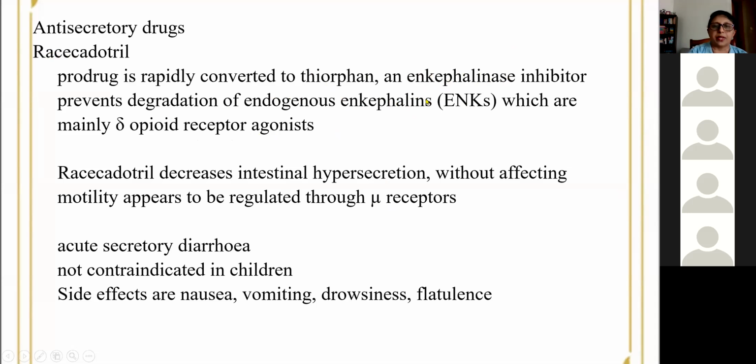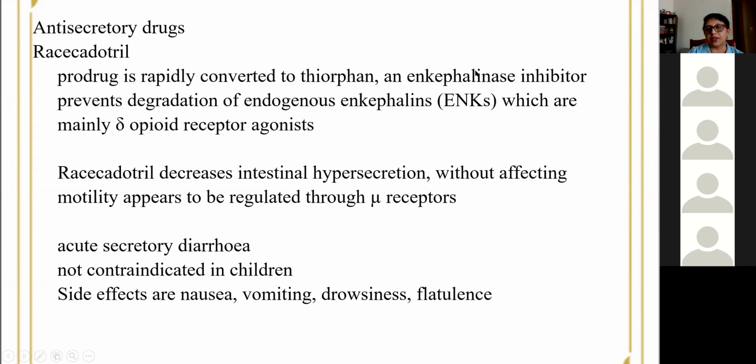So in effect, what is happening? Enkephalin should be there for reducing the intestinal hypersecretion. So enkephalinase inhibitor will prevent the degradation of enkephalin. So that is the drug.